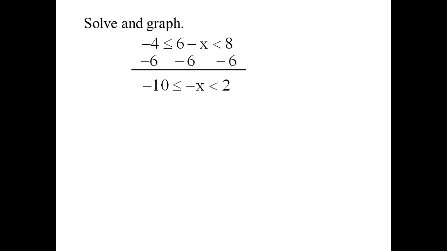Because it's 6 minus x, so just the 6 gets there. Divide by a minus 1. Yeah. So now you can see if you divide by a negative, yep, switch both signs.